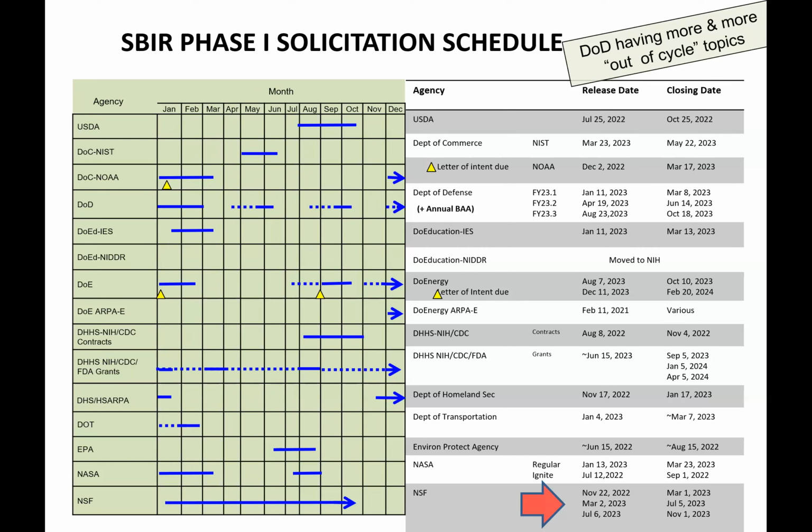Now, there's no real advantage to submitting a proposal early. I think there is an advantage to submitting a pitch early, and we'll talk about that as we go forward. But again, the current window is open through July 5th. I would treat July 5th as at least a soft deadline in your planning, so you want to get your project pitch submitted prior to July 5th. And I'll try to explain why as we go along.